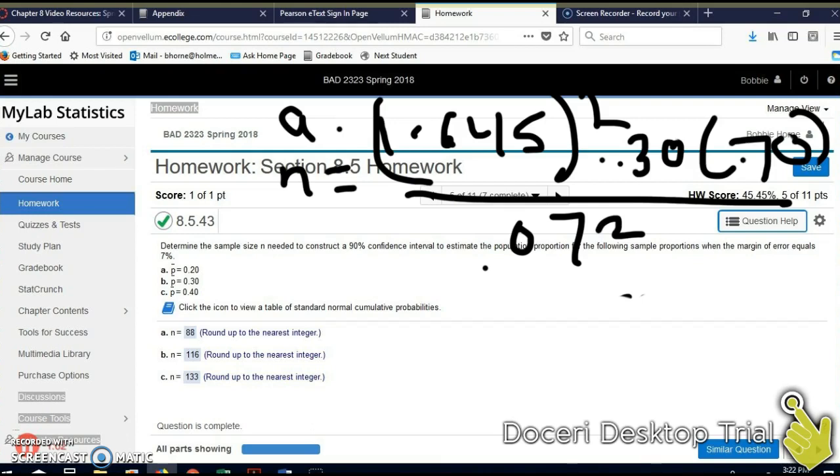And then for the last one, you would do 0.40 and 0.60 here, and that would give you, rounded up, 132.1. Regardless, it still wants you to round up to the next integer.